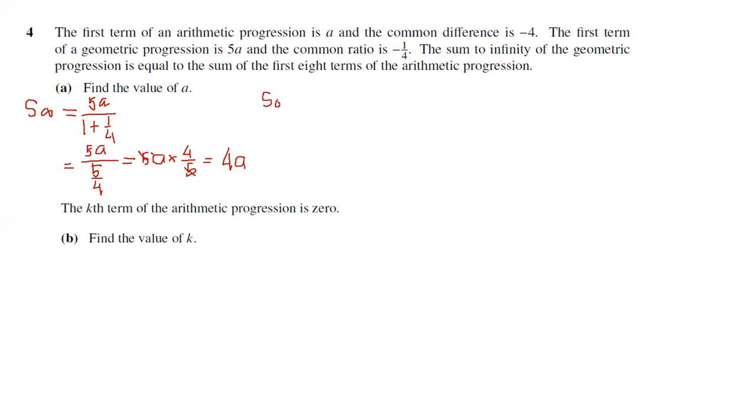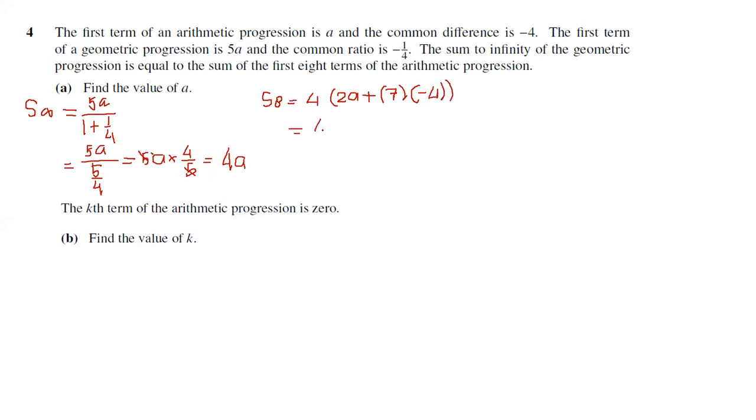Next, for the arithmetic progression, S8 becomes a half of 8, which is 4, times 2a plus 8 minus 1, which equals 7, times negative 4, the common difference.